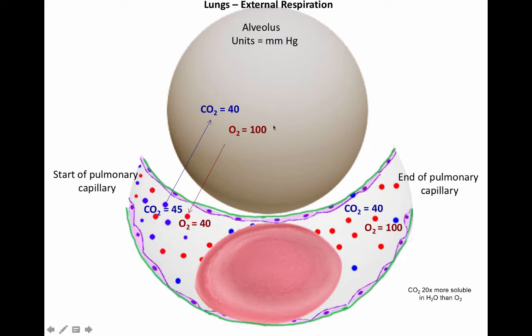In this inhaled air in the alveolus, the oxygen pressure is higher at 100 millimeters of mercury, whereas in the venous blood flow in the capillaries it's lower, and so naturally we move down that gradient, and then we have this escape on the other side that allows us to have lower carbon dioxide and higher oxygen in our arterial blood flow.